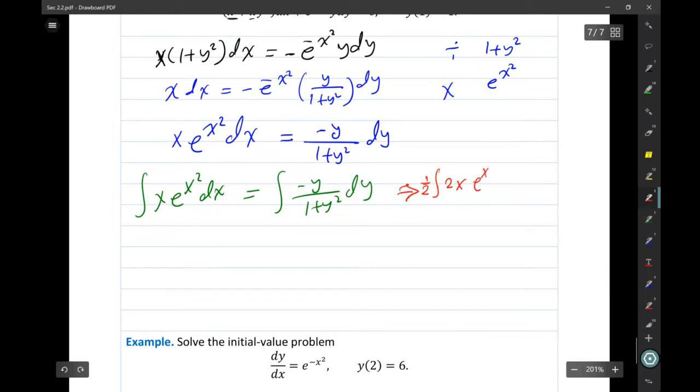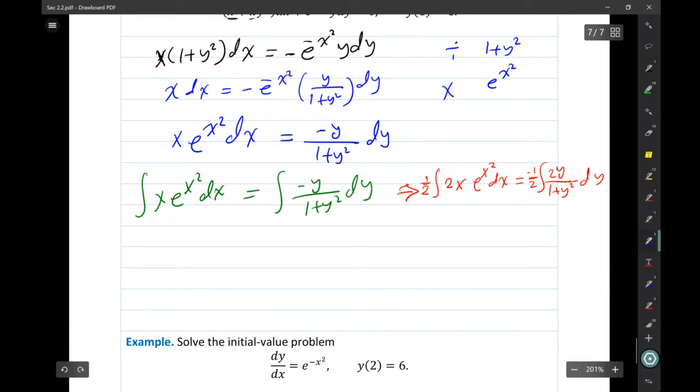That gives e to the power x square dx on one side, and on the other, taking the negative outside, y over 1 plus y square dy. Also the derivative of y square is 2y, so you can multiply by half outside.